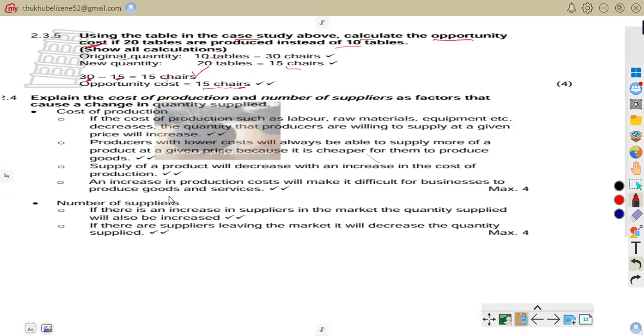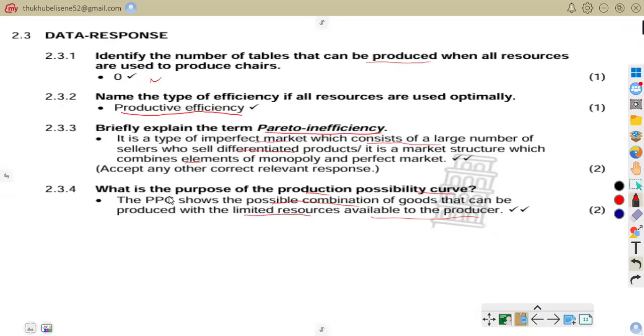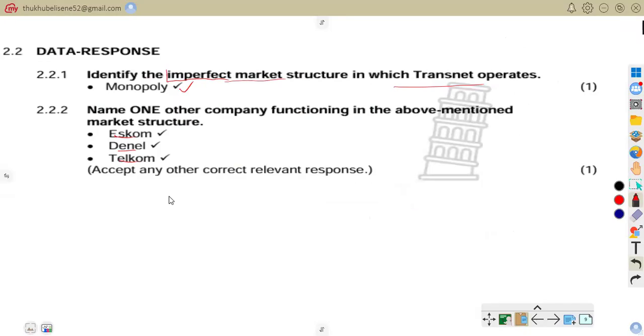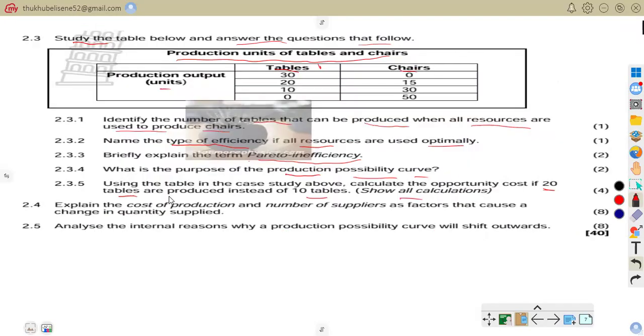So now let us go to 2.4. We are to explain the cost of production and number of suppliers as factors that cause a change in quantity supplied.